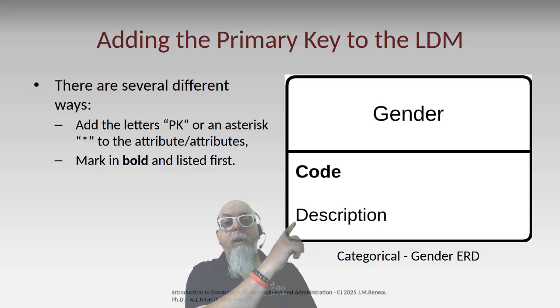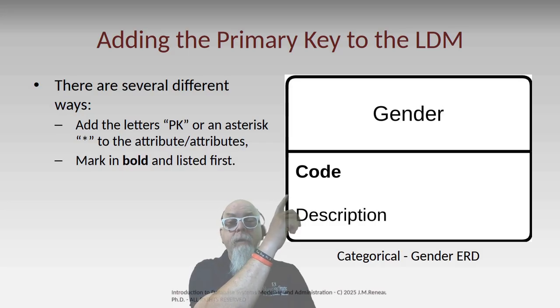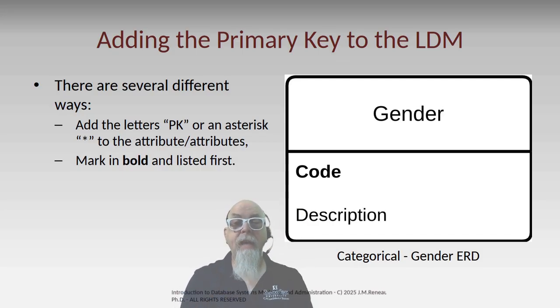I like the key to be in bold up at the top. The first attribute or attributes will be the key attributes, and there'll usually be a space between them, and I make them bold so they stand out, so we know that that is the key to the entity.